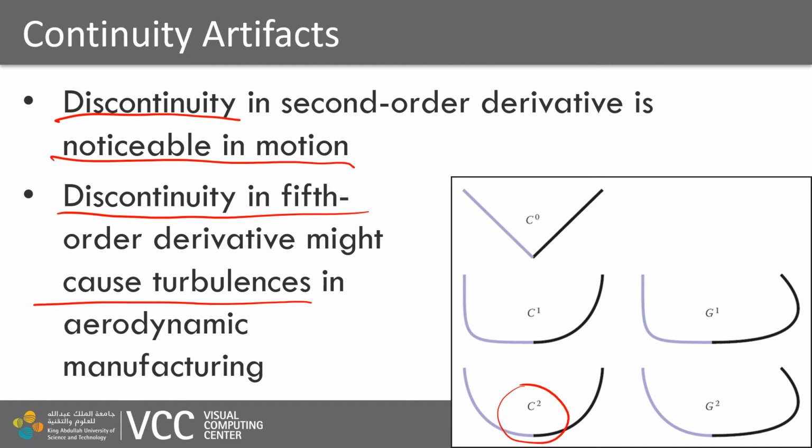So the continuity requirements are varying from application to application. And if we are only interested in finally rendered lines without any animation of cameras or so, then certainly our continuity can be less restrictive than in case of manufacturing applications.